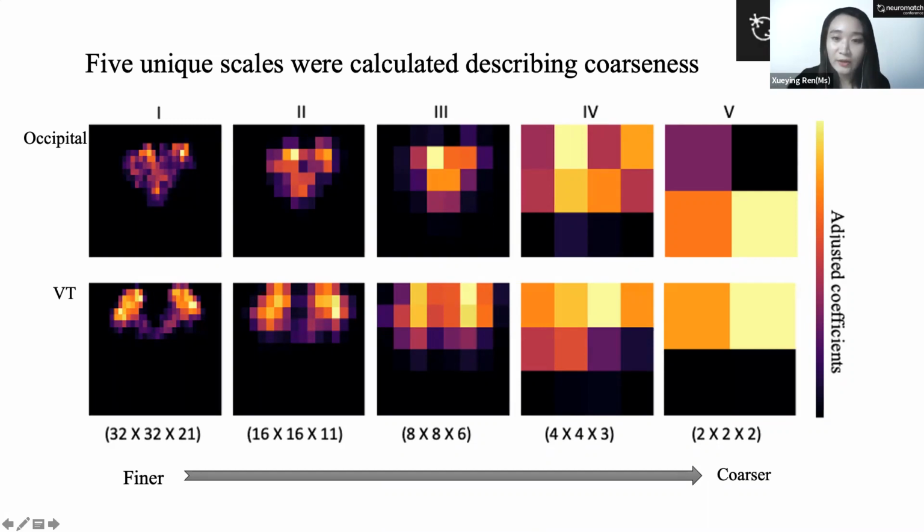The first row here is the brain region of occipital, and the second row is VT. The values in the parentheses indicate the number of coefficients transformed using the wavelet on each scale. We can see from this that as the scale gets larger, the resolution gets coarser.